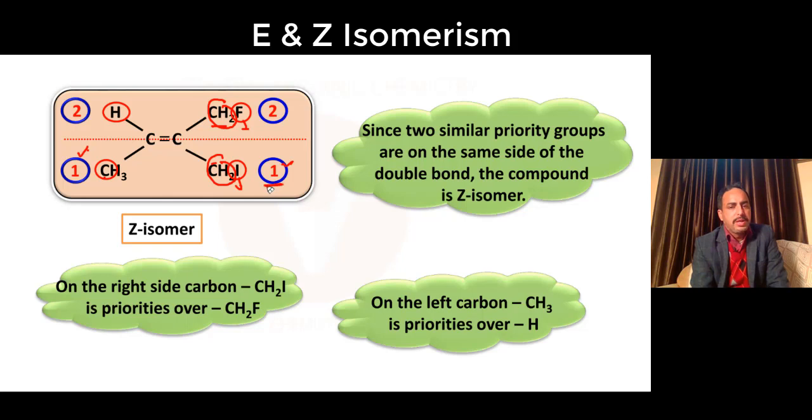So for this priority will be 1 and for fluorine priority will be 2. Now see, in diagonal position opposite priority is given, means it will be Z isomer. Is it clear how to assign E and Z isomerism? Any confusion in this part?